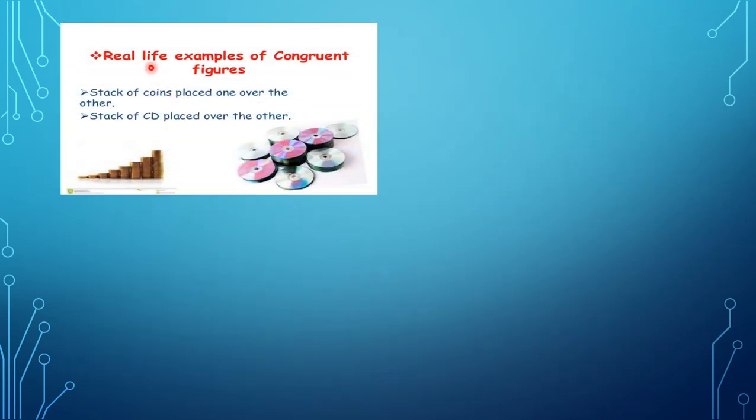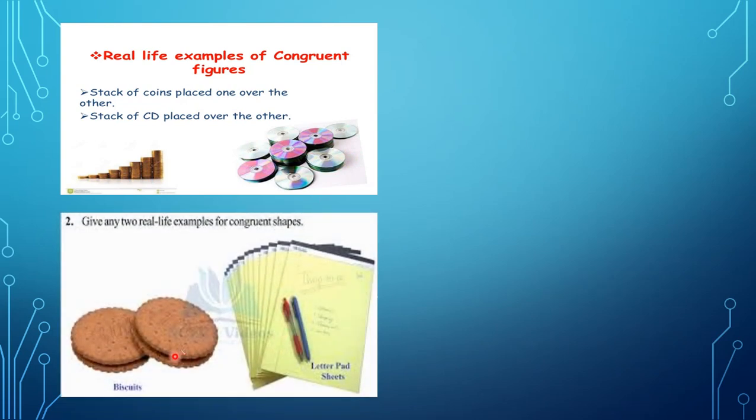For example, in daily life we come across congruent objects such as coins, CD players, CDs, biscuits. Biscuits are congruent figures. Letter pad sheets.